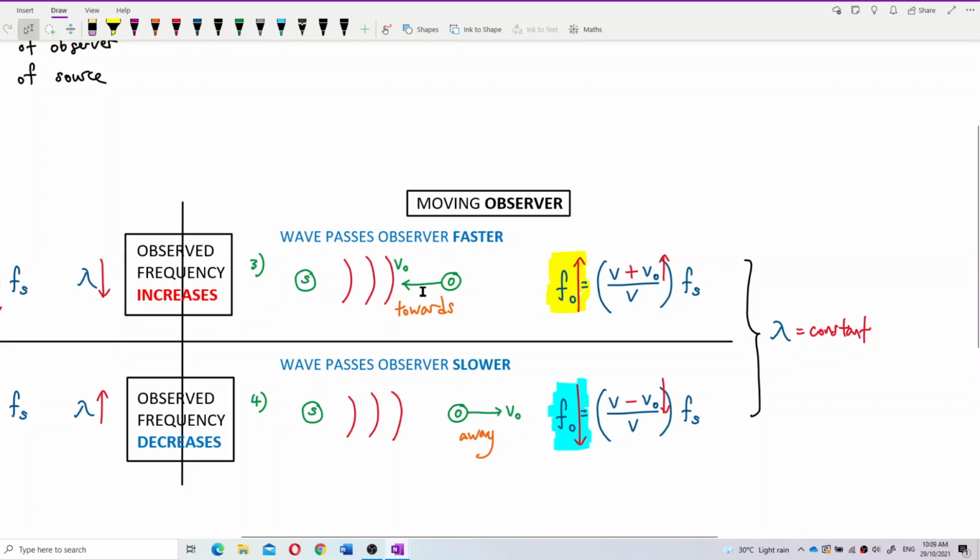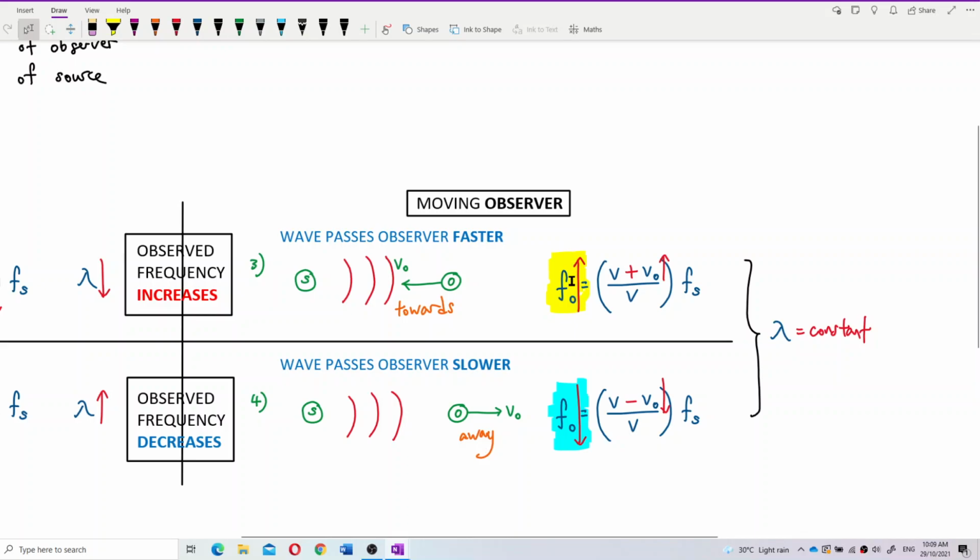They are moving in opposite directions. So the sound wave emitted by the source surely passes through the observer faster. So what happened is, since more waves pass through the observer faster, the observed frequency should increase.